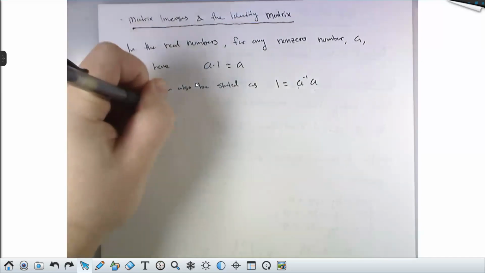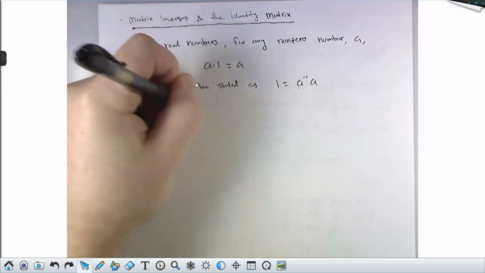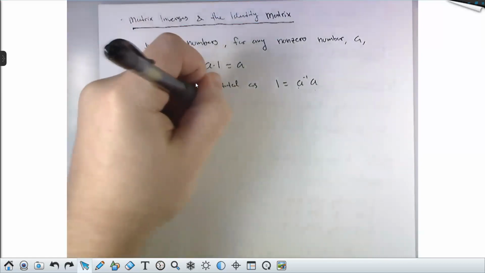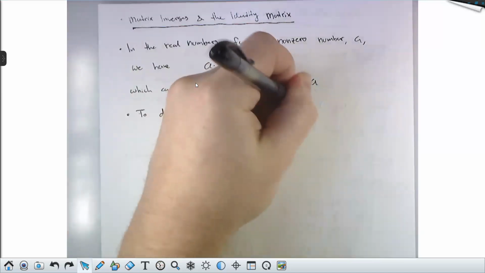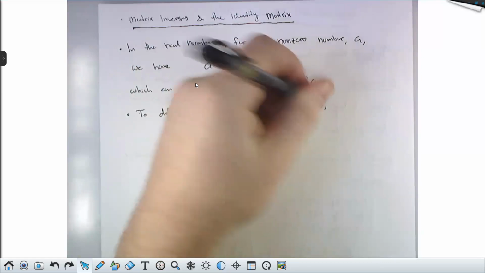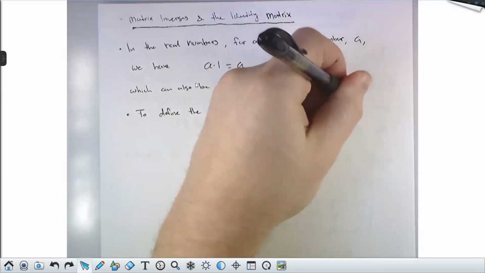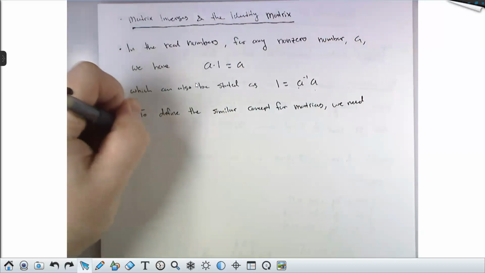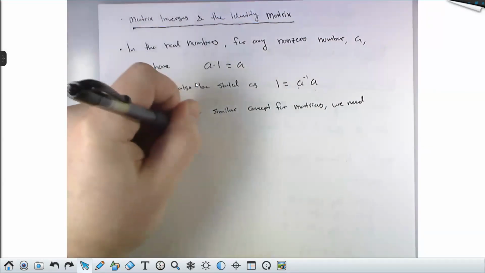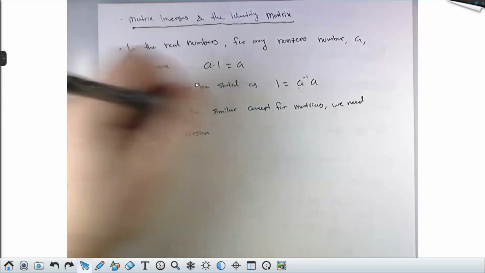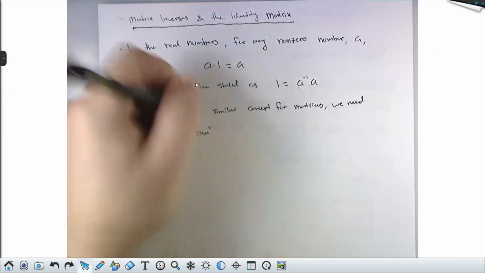To define the similar concept for matrices, we need a matrix version of the number 1.